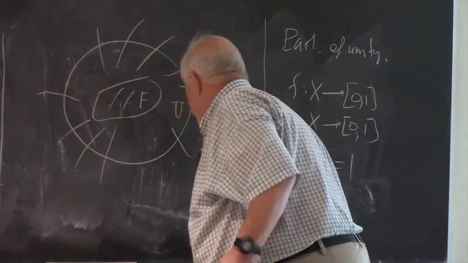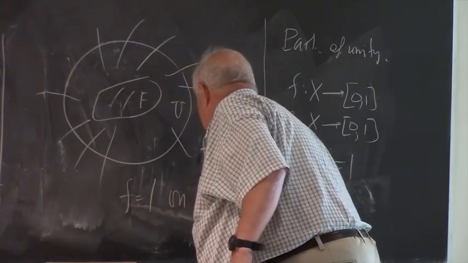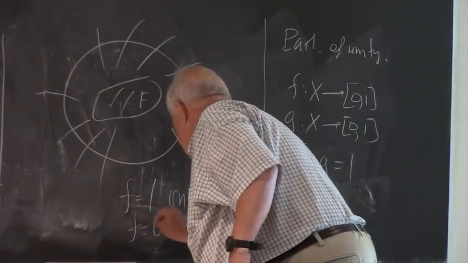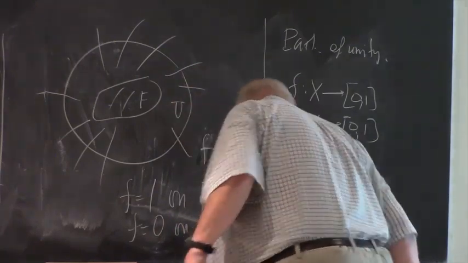And by this reason, I deduce that f is 1 on f and 0 on x minus u, precisely what we need.